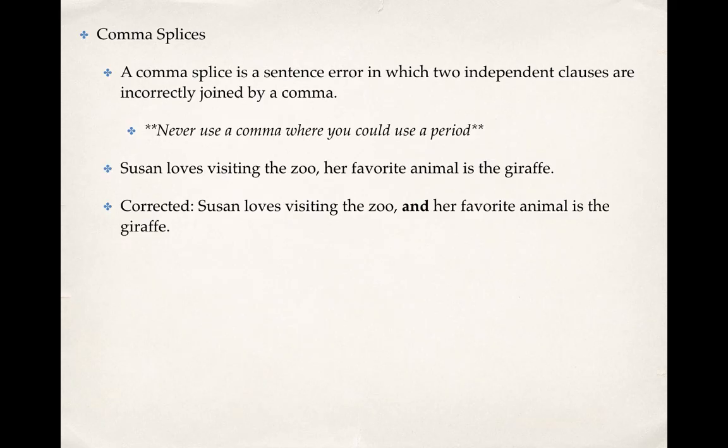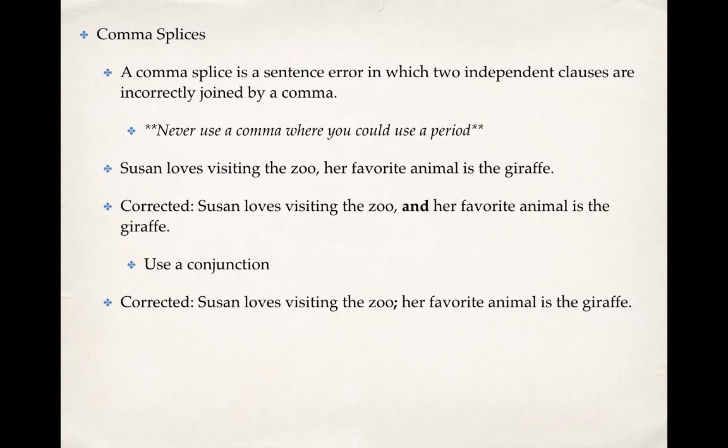So the same here if you add a conjunction, and that is the correct way to use a comma to join independent clauses, a comma and a conjunction. So these are typically going to be your coordinating conjunctions like and, but, so, for, yet, but you have to have that conjunction. The comma is not strong enough to pull those independent clauses together on its own. You have to have a comma and a conjunction.